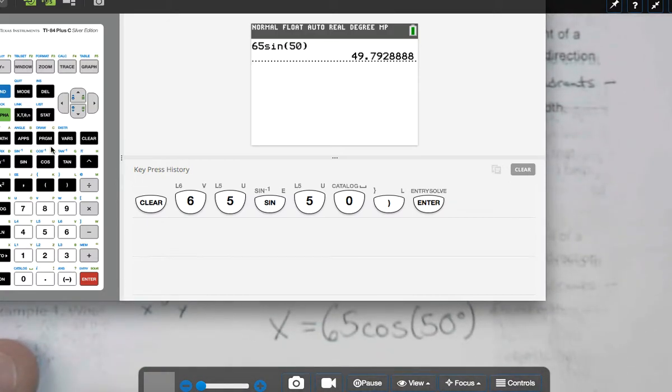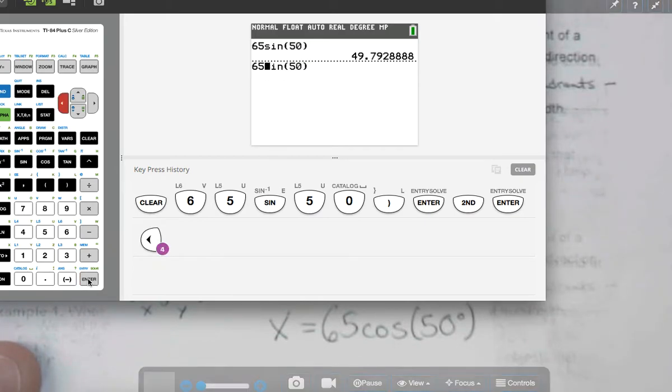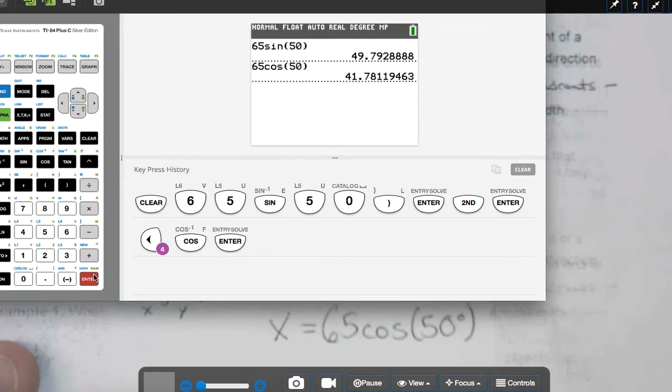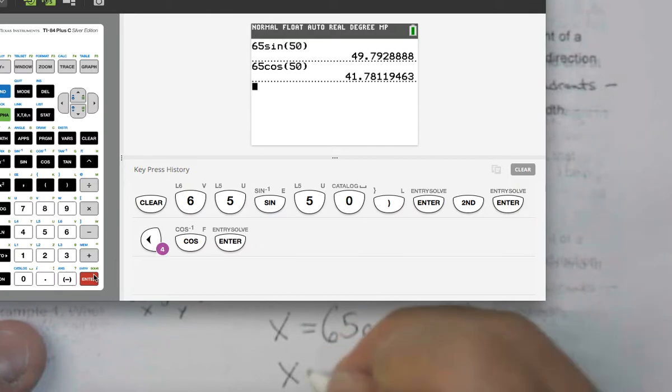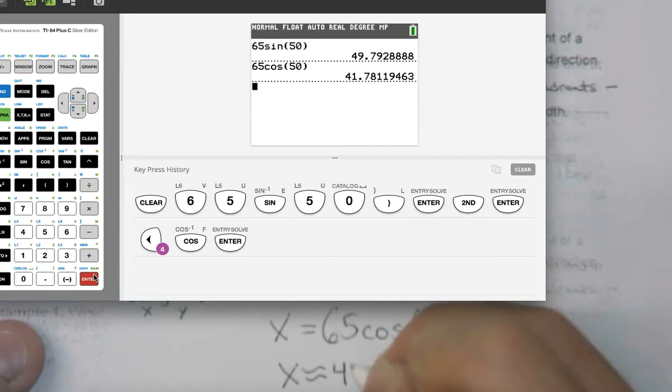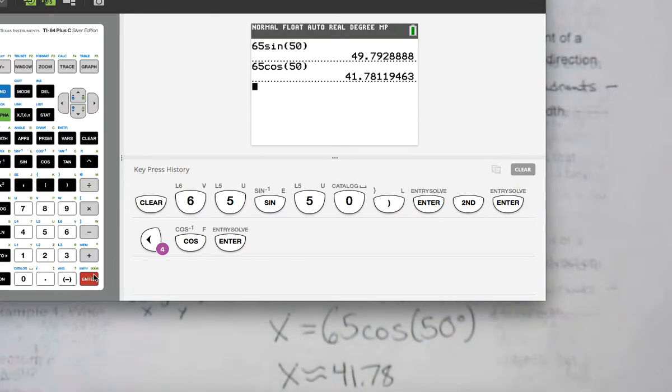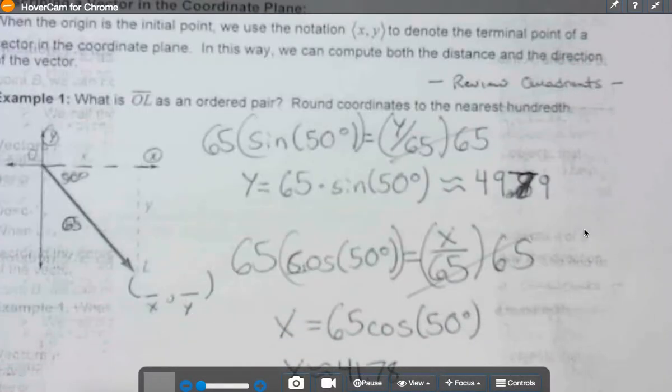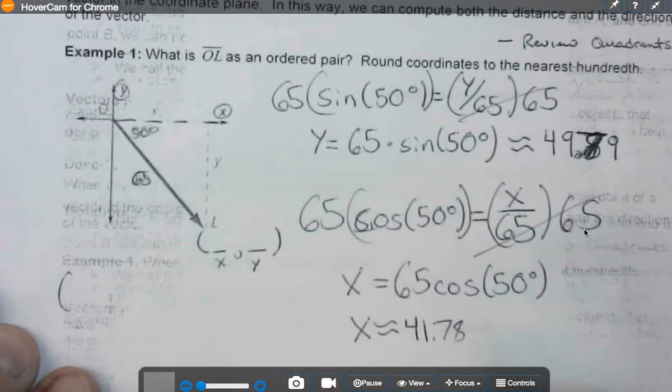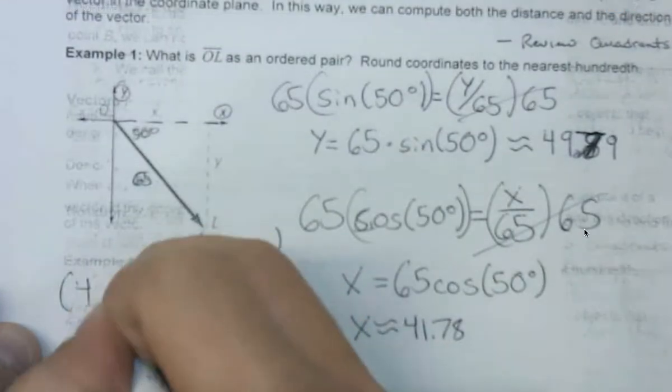We got 65. But now we're doing cosine. Still at 50 degrees. So this is approximately 41.78. So as an ordered pair, we know that the x-coordinate was 41.78.